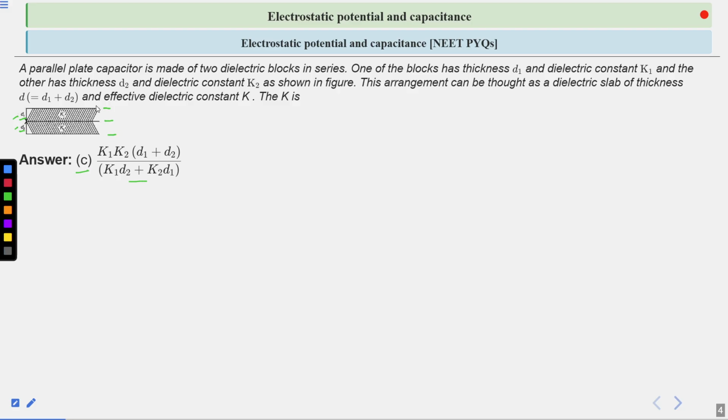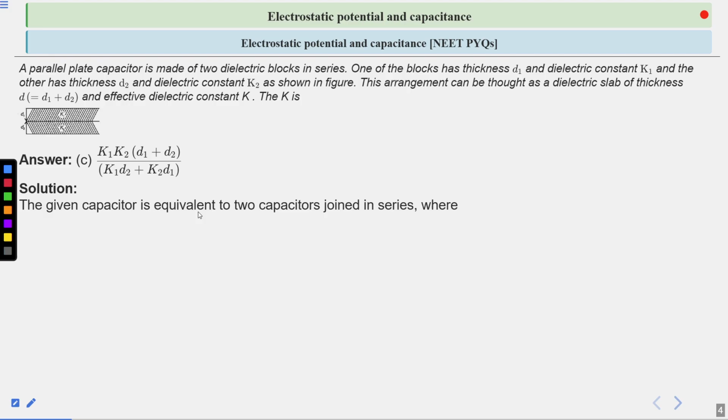We can assume this as one capacitor having d1 separation between its plates and k1 as the dielectric medium fully inserted between its plates, and another capacitor C2 having dielectric constant k2, with separation between the plates d2, and this dielectric fully inserted between the second capacitor's plates. These capacitors are assumed to be in series, so we can assume this type of structure to solve it. Let's see what the solution is.